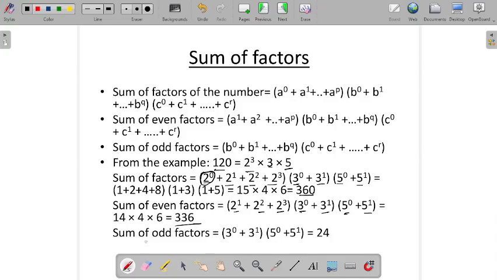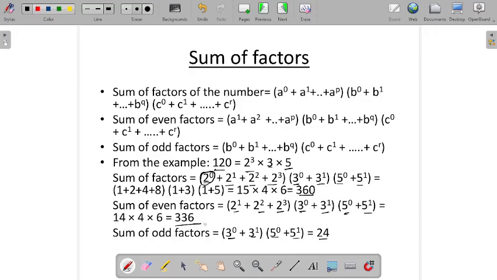Next, for finding sum of odd factors, we should not include the 2 values. We should take only the other prime numbers, odd prime numbers only. For this, the maximum value is 3 power 1, so I have included 3 power 0 plus 3 power 1. Same thing here, 5 power 0 plus 5 power 1. Total value is 24.